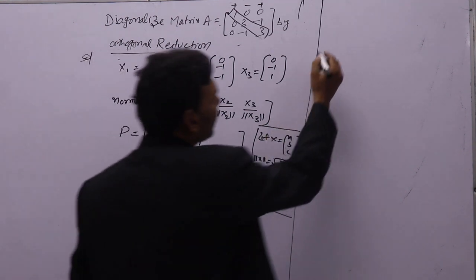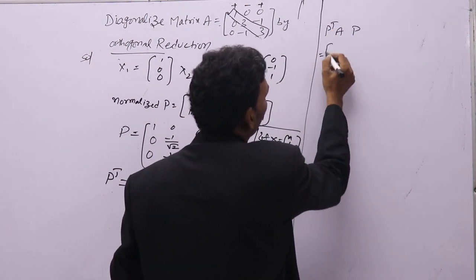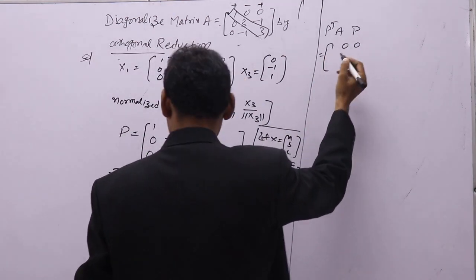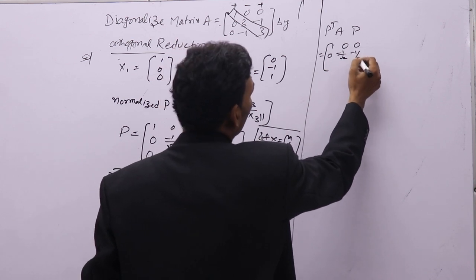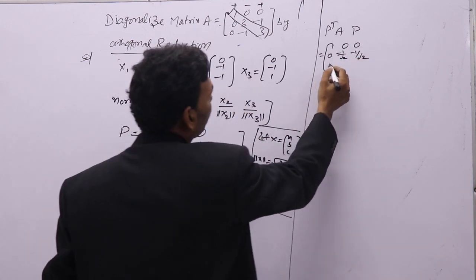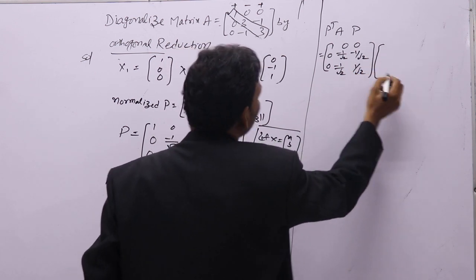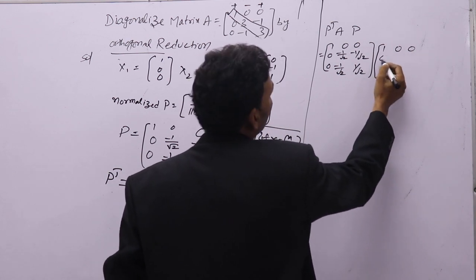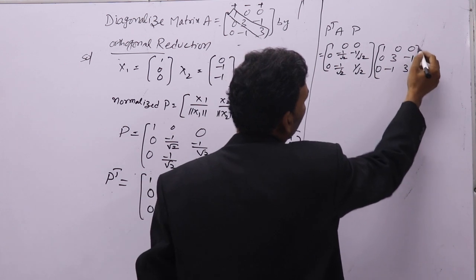Next, we need to calculate the P transpose AP matrix. P transpose we already calculated: 1, 0, 0, 0, minus 1 by root 2, minus 1 by root 2, 0, minus 1 by root 2, 1 by root 2. The A matrix is the given matrix: 1, 0, 0, 0, 3, minus 1, 0, minus 1, 3.